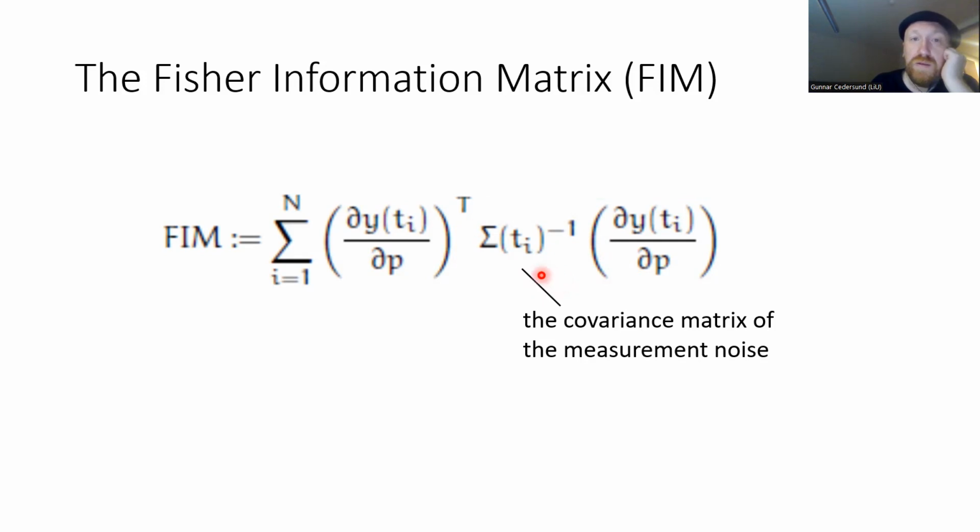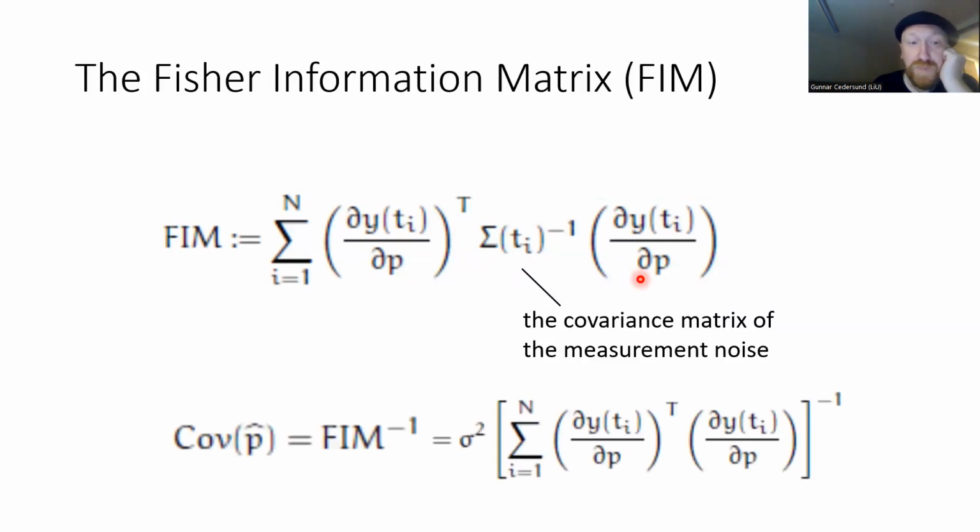And this is very related to the approximation of the Hessian that I talked about when we looked at quasi-Newton optimization algorithms, where we need the Hessian, the second derivatives, and we did an approximation where we just used the first derivatives and multiplied those together. This is basically what we do here as well.